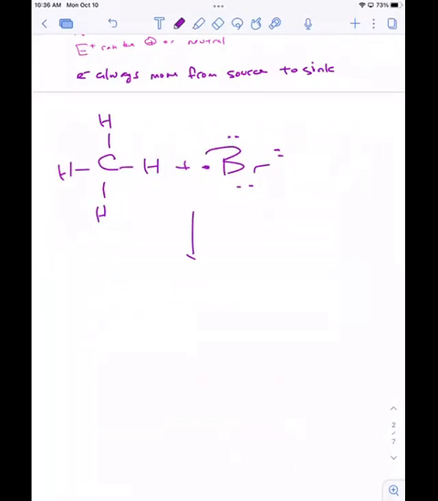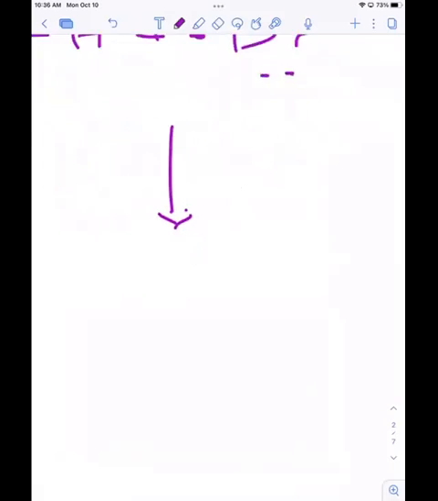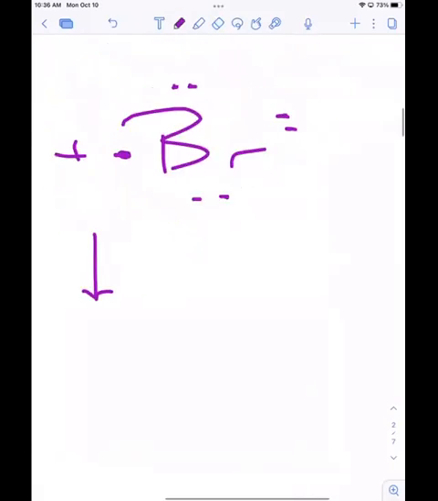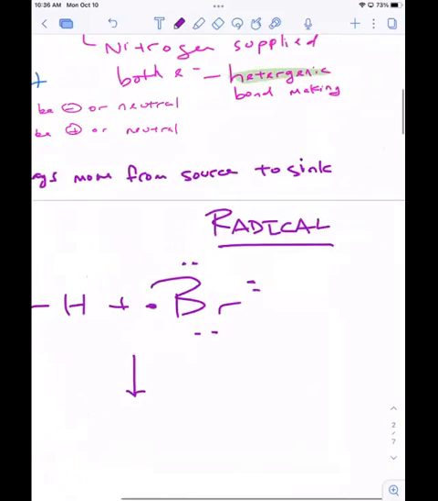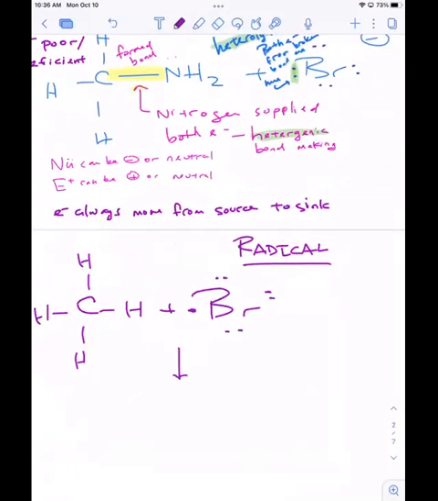One type of reaction that we're going to study is what we call a polar reaction. The type of reaction we're going to look at now is what we call a radical reaction. We're going to go into detail with both.